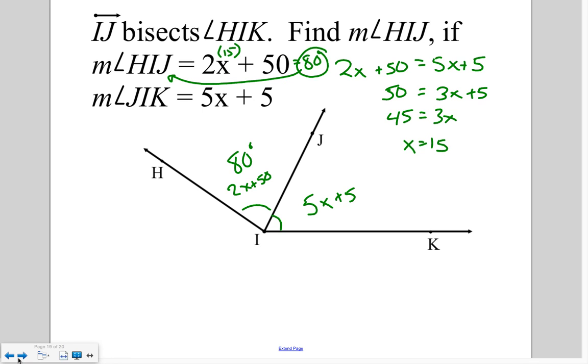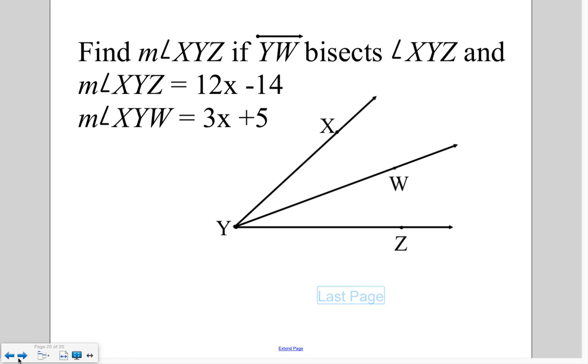All right, and our last one. Find the measure of angle XYZ if ray YW bisects angle XYZ, and the measure of XYZ equals 12x minus 14, and the measure of XYW equals 3x plus 5.